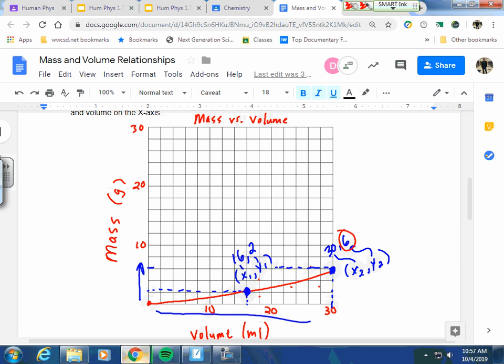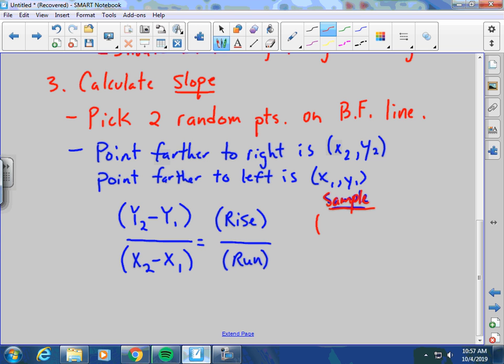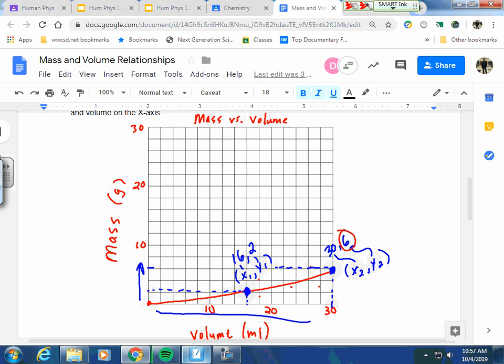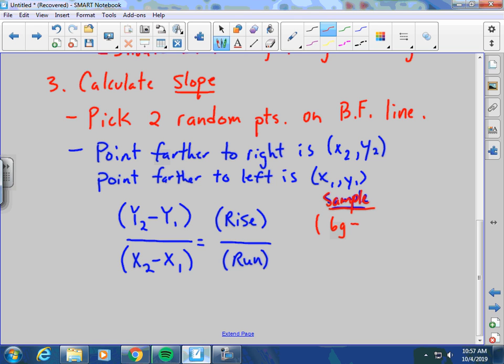Okay, y2 is 6. What were the units for the y-axis? Grams, right? So it's 6 grams minus y1, which is 2 grams. What does that equal, 6 minus 2? 4. All right, so the top number is 4 grams.